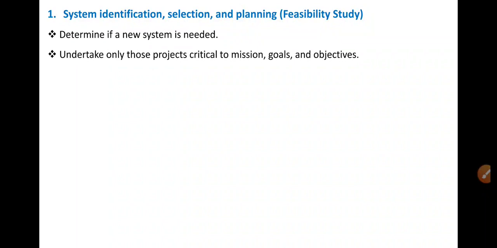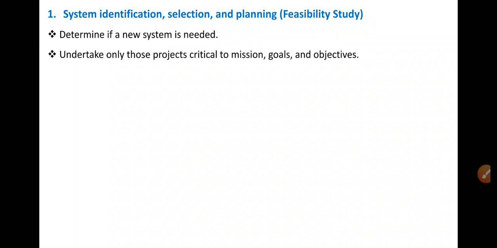This step undertakes only those projects critical to the mission, goals and objectives of the organization. The specialist has to think about whether developing a new information system meets the mission, goals and objectives of the organization or not.